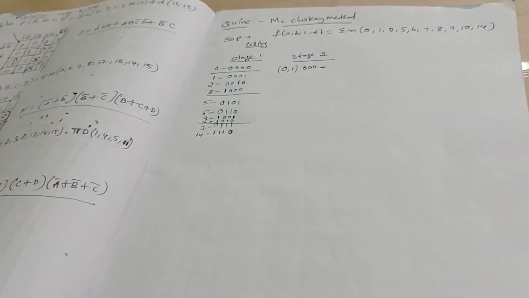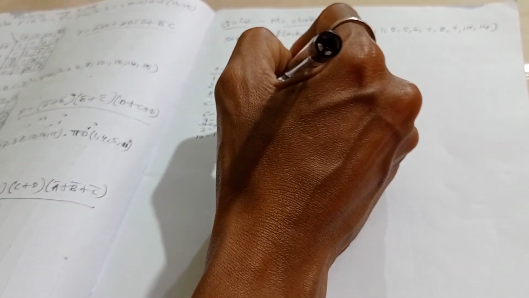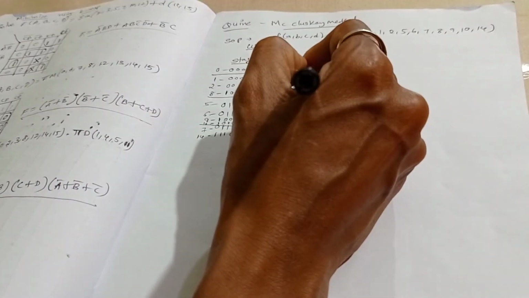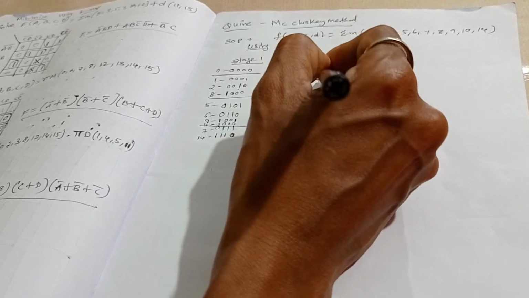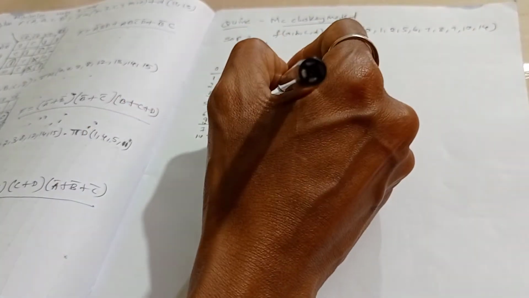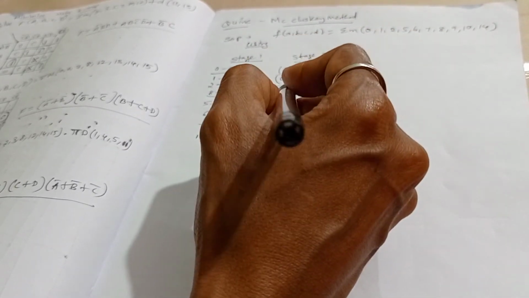Same again with 0 and 2: pair 0, 2, and the second position is changing, that is 0 0 hyphen 0. Next, 0, 8: in the first position, hyphen 0 0 0. This comparison with the other group is completed.